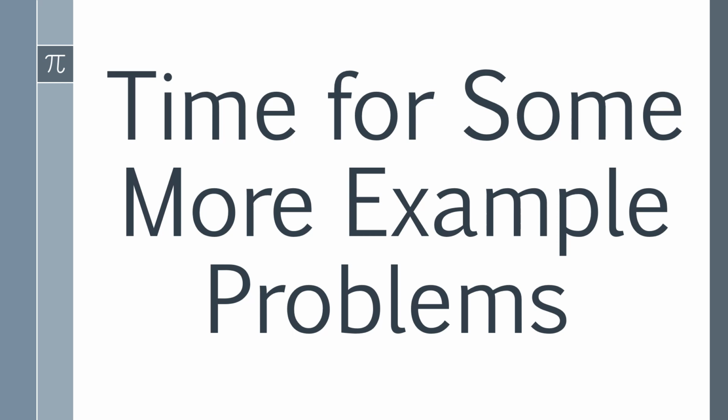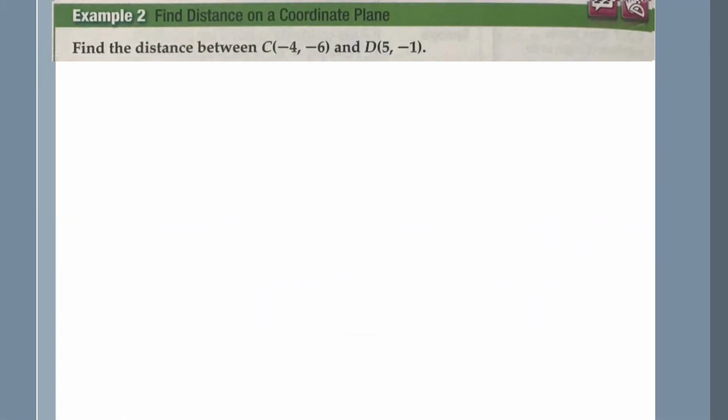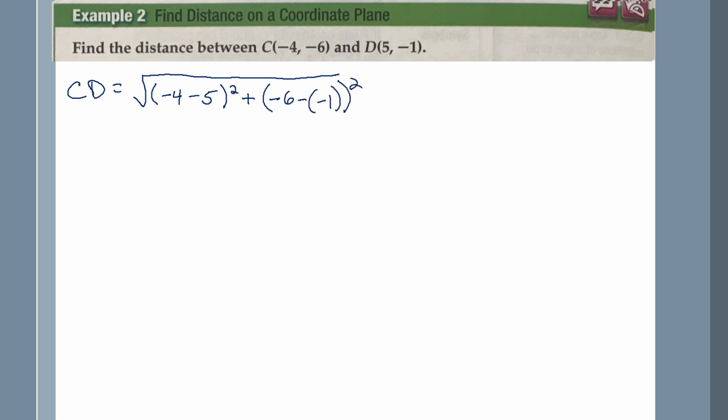An example problem. We want to find the distance between C at -4, -6, and D at 5, -1. The way I set this up, I'm going to say CD is equal to the square root, and I'm going to take my x values, -4 and 5, and square that, and add that to the difference in the y values, which is -6 minus -1, and we square that.